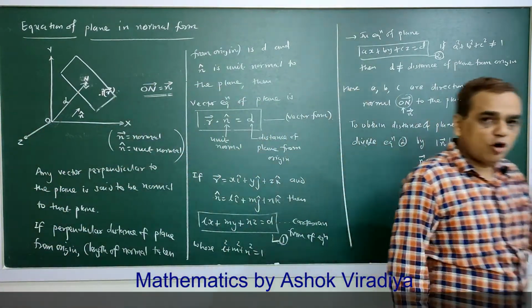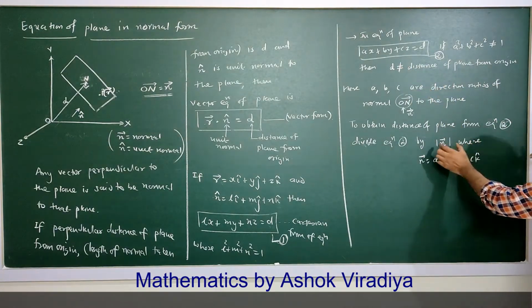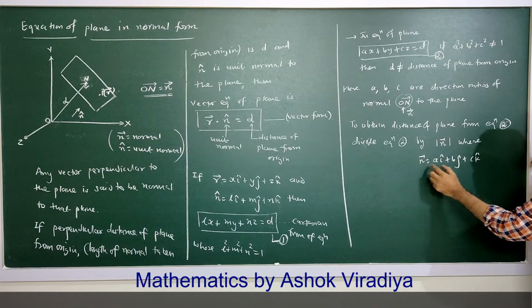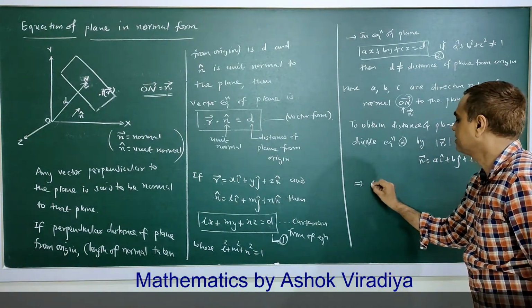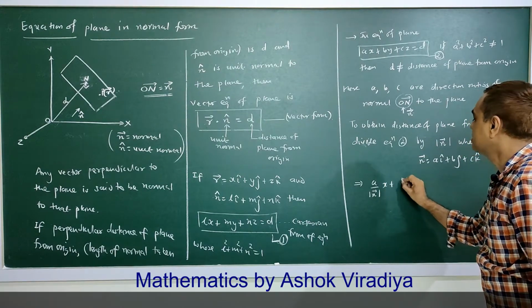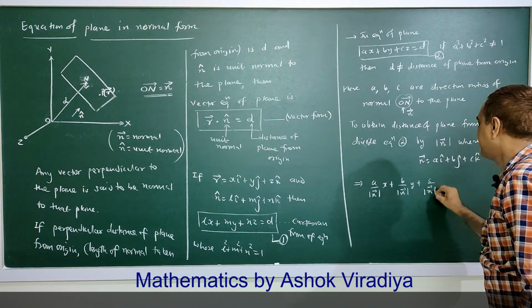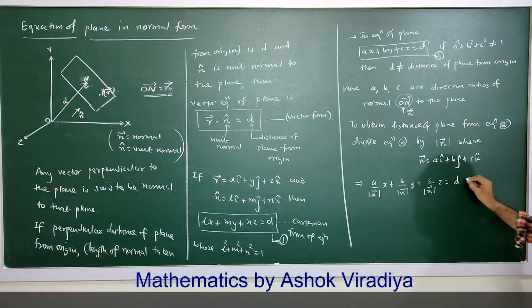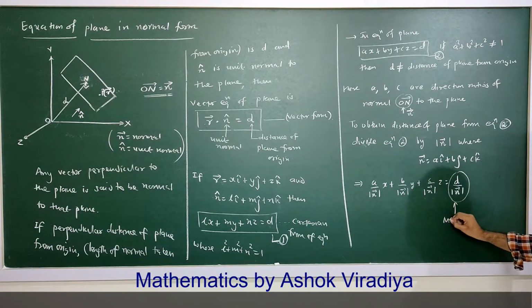So to obtain the distance of a plane from equation 2, because this D does not represent distance, what do we do? We divide this equation by the magnitude of the normal, where the normal is AI plus BJ plus CK. So here A upon magnitude n times x plus B upon magnitude n times y plus C upon magnitude n times z equals D upon magnitude n, and this must be positive.